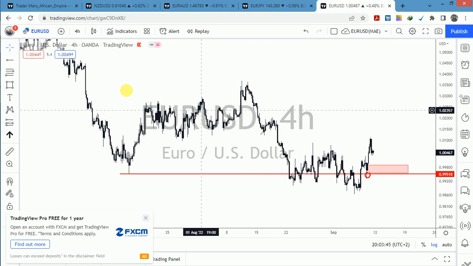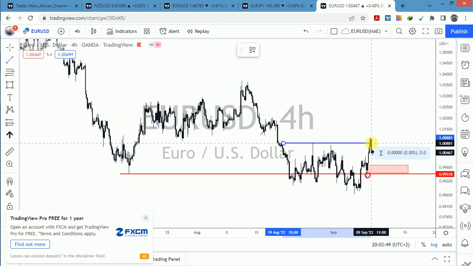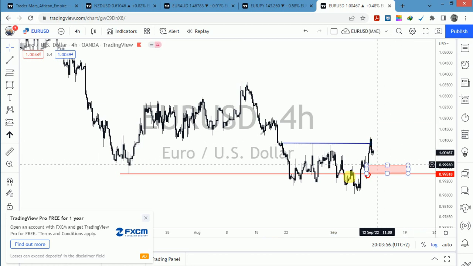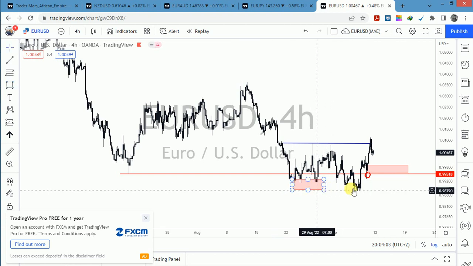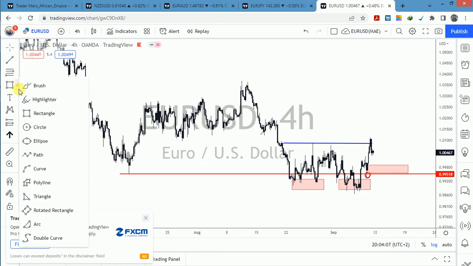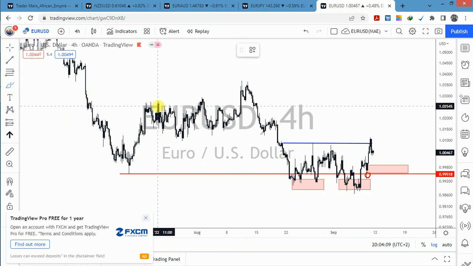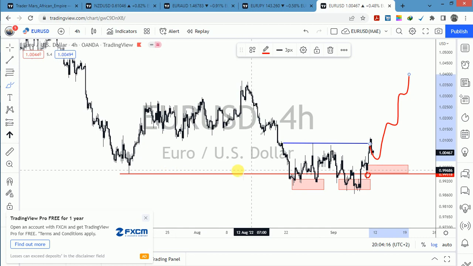We have a nice zone for people who are doing change of market structure. We can see that we have a change of character there, and also for people who are doing patterns, this should be a double bottom, where you're going to do something like that and then continue to go up.